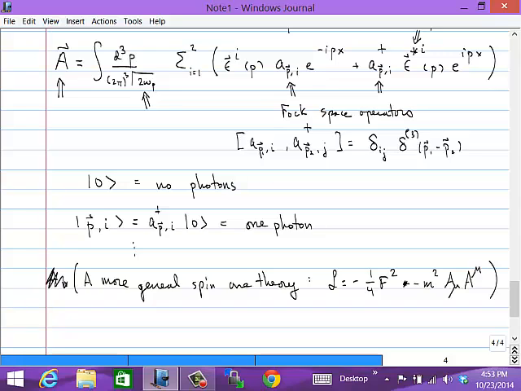Roughly speaking, if you think about a photon propagating in the z direction, then a usual photon has 2 transverse polarizations in the x and the y direction, but it has no longitudinal polarization in the z direction. A massive vector theory would have a polarization in the z direction. And in fact, massive vector theories appear all over the place in physics.